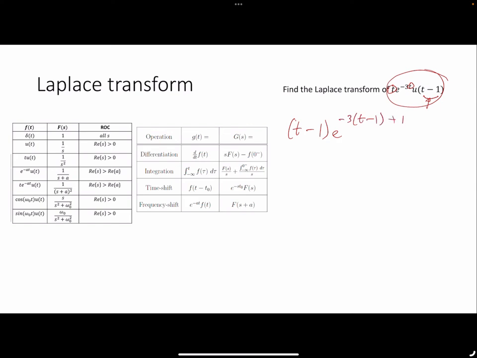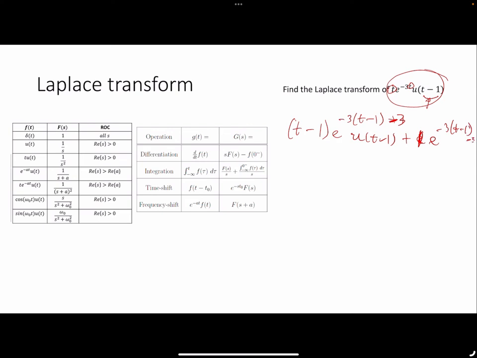1 or minus 3. And then u of t minus 1 plus 1 e to the negative 3 t minus 1 minus 3.